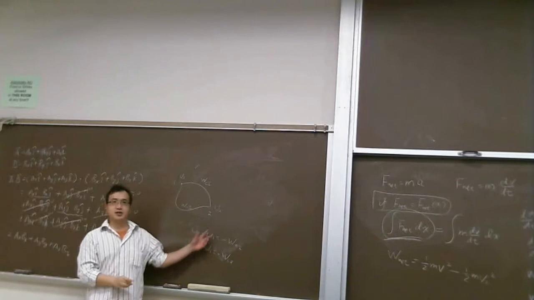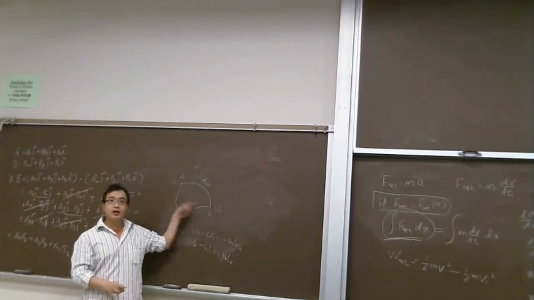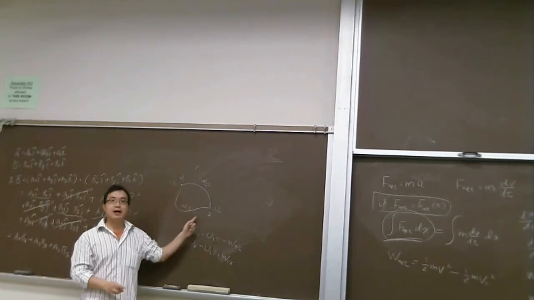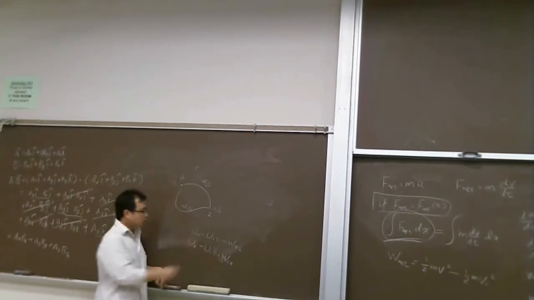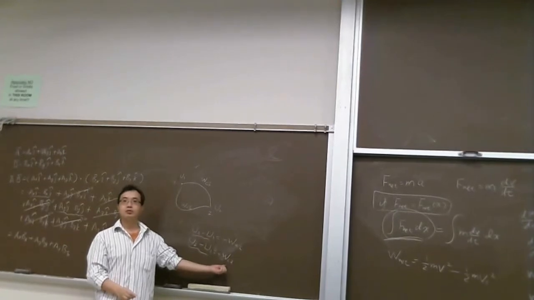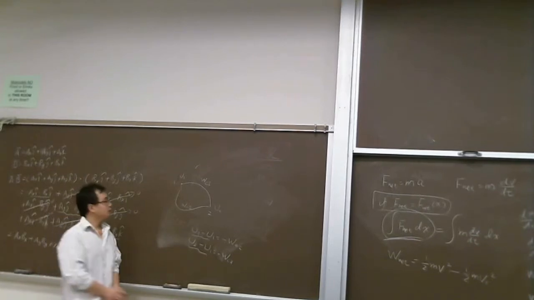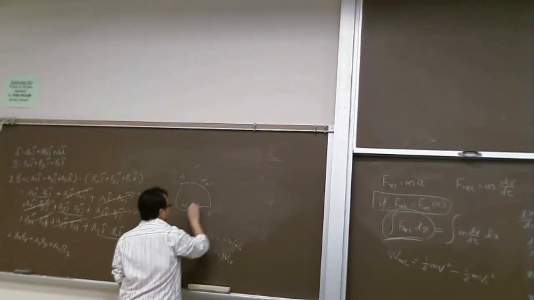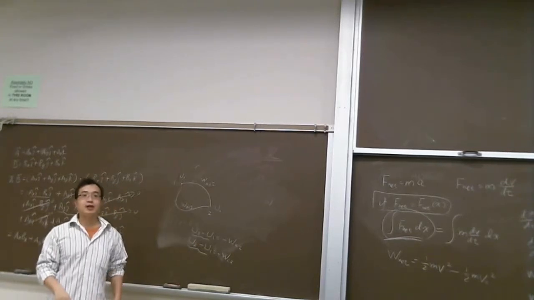For conservative force, this is consistent because the work done by the conservative force is independent of path. So this work will be the same as this work if they have the same initial point and same final point, right? This value will be the same as this value because Wc1 equals Wc2. But if the force is non-conservative, this is Wnc1 and this is Wnc2, so Wnc1 will be different from Wnc2.